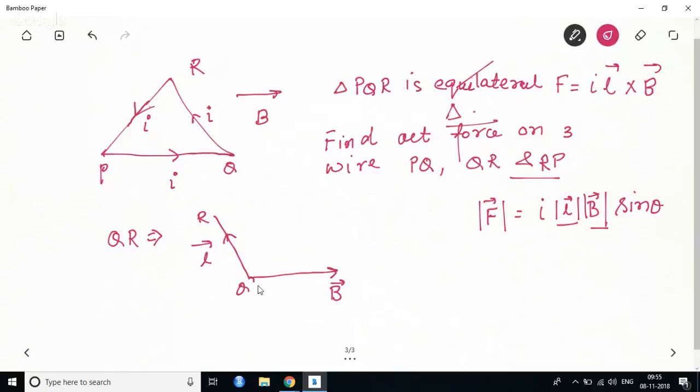So this angle is how much? This angle is 60 degree, so this angle will be 120 degree. If you extend this B vector here, this will make 60 degree, and if I extend the I vector here, this will make 120 degree.